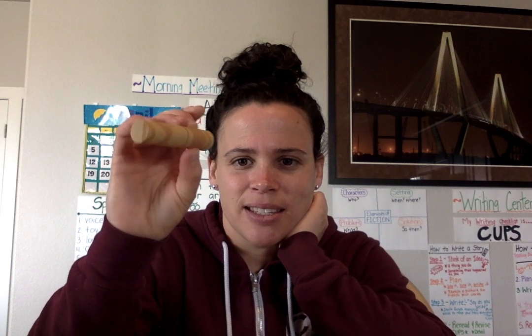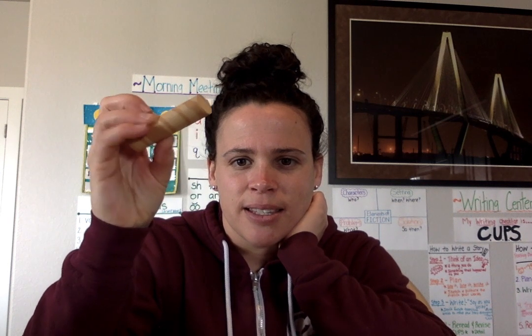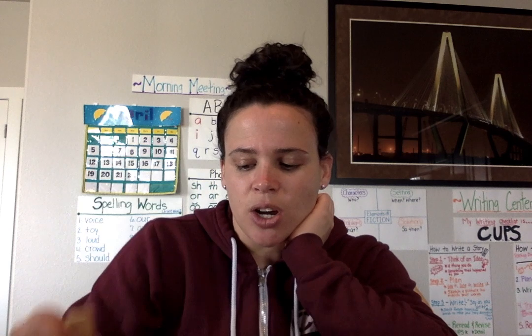Say rectangular prism. And if you said cylinder, you are correct. This is a cylinder. Say cylinder. Those were our shapes that we talked about yesterday that you went on a scavenger hunt for around your house.